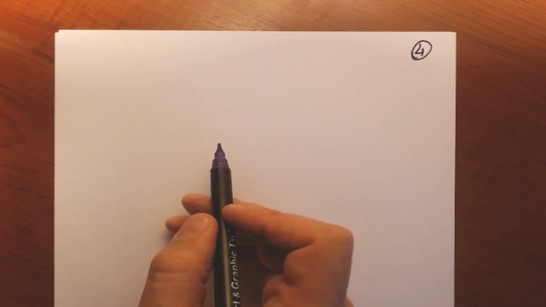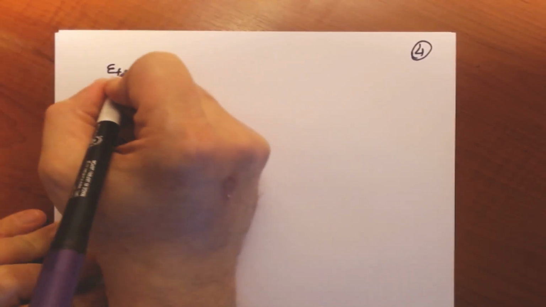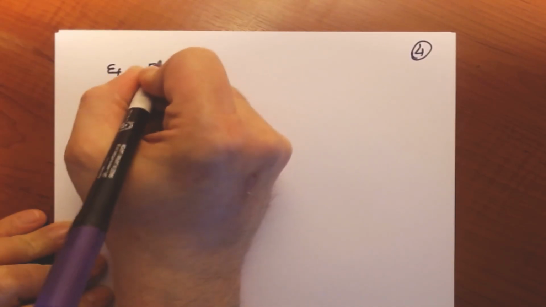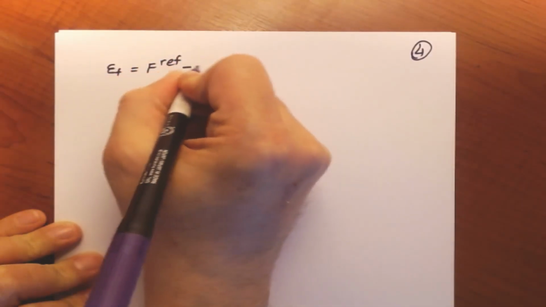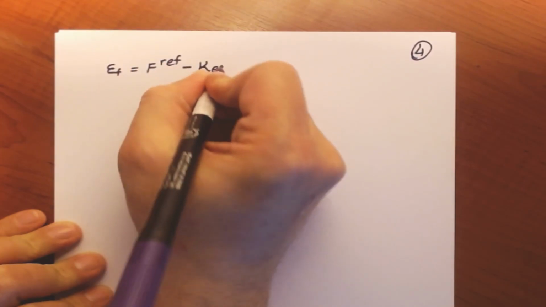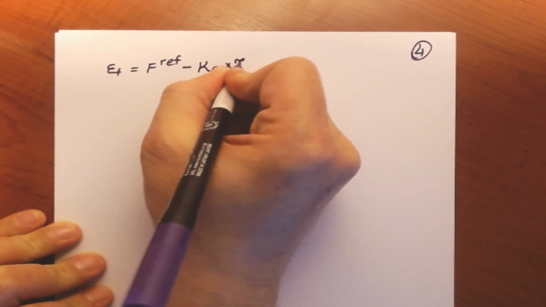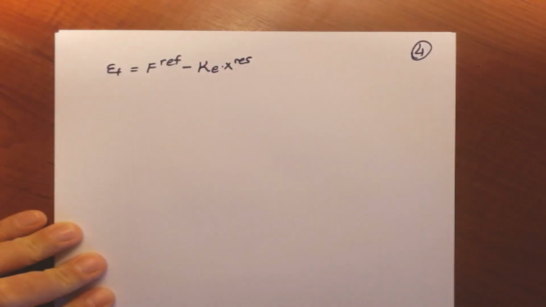All right. So what we had was this. We had the force control error, to be taken to 0 value, which was given as the force reference minus K environment times X response, if you remember, right?